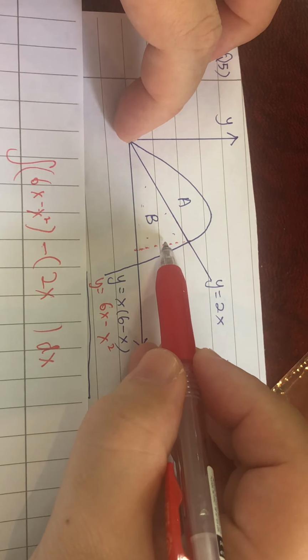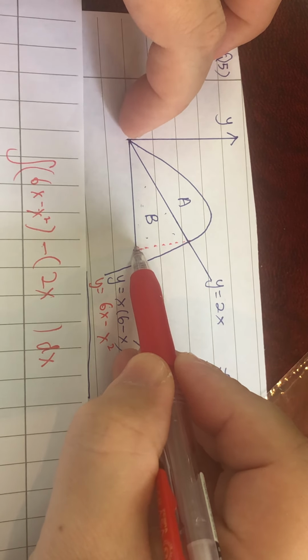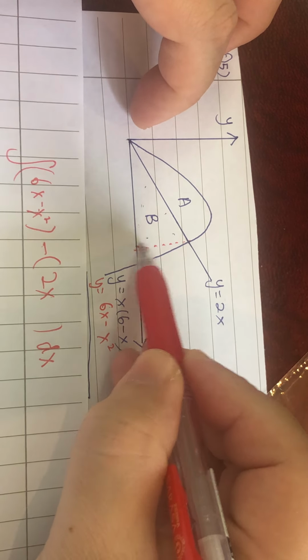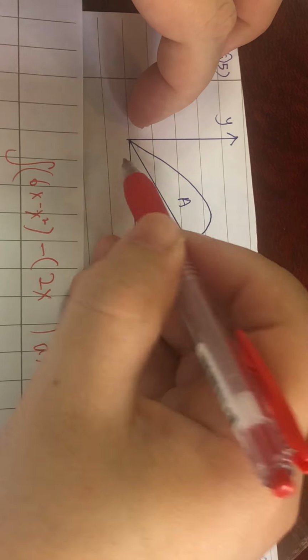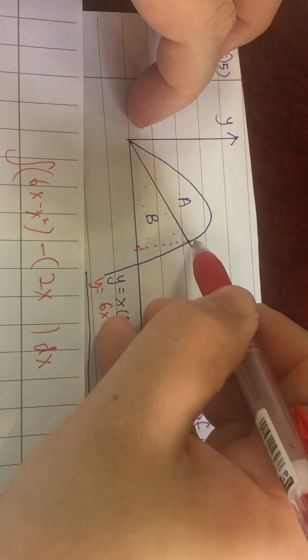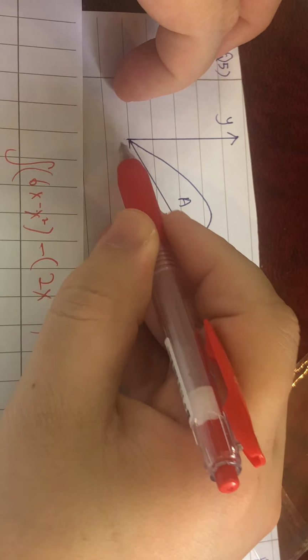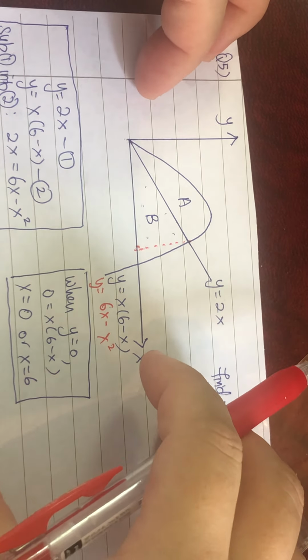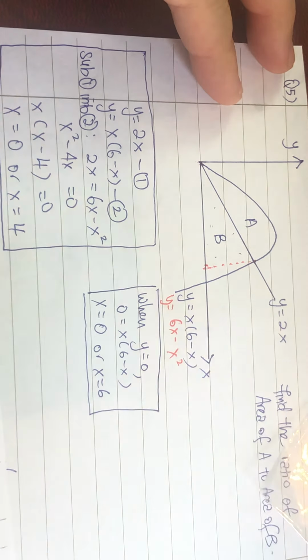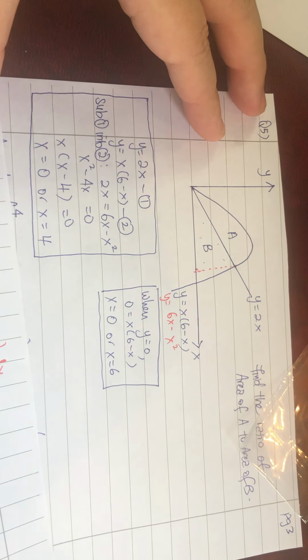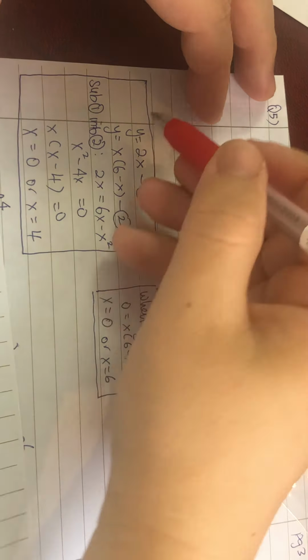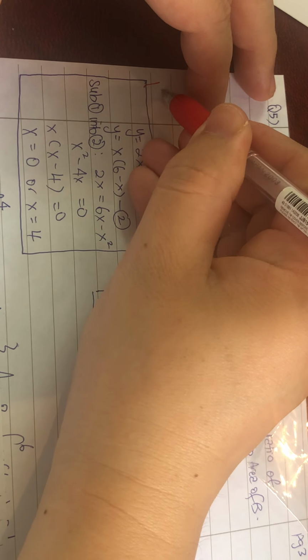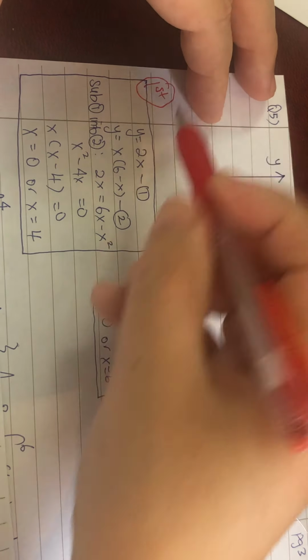Which means first of all we have to find what this value is, right? Because we only have to integrate from here to here. And is this really 0? Yes, I think so. But the equation will help us. Look at this first box now.